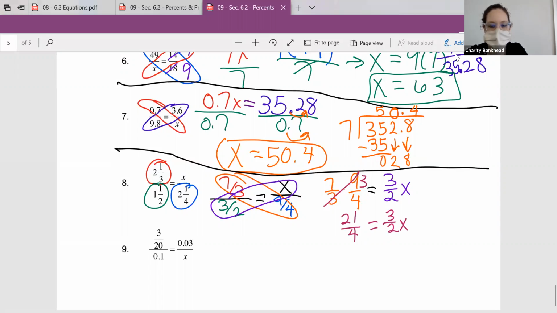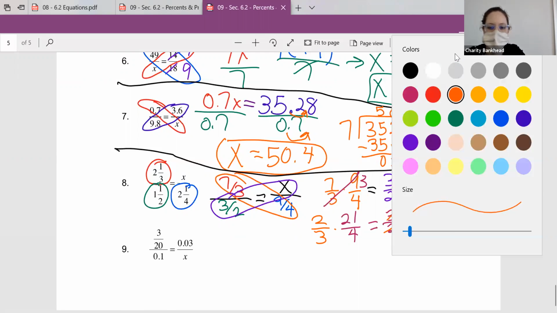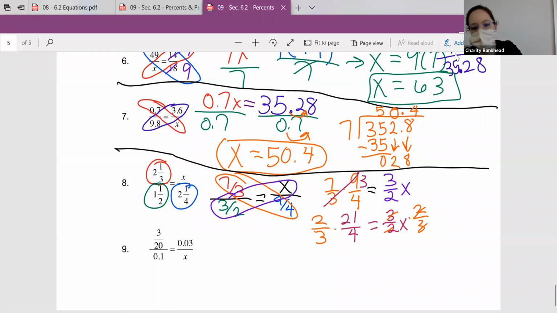And basically to solve for x, I would multiply both sides by 2/3, because that will cancel all that out. And then I can reduce a bunch of stuff there. 2 goes into 4 2 times. 3 goes into 21 7 times. So I'm ending up with 7/2 is equal to x. But they probably want that in the form of a mixed number. So that's equal to 3 1/2.